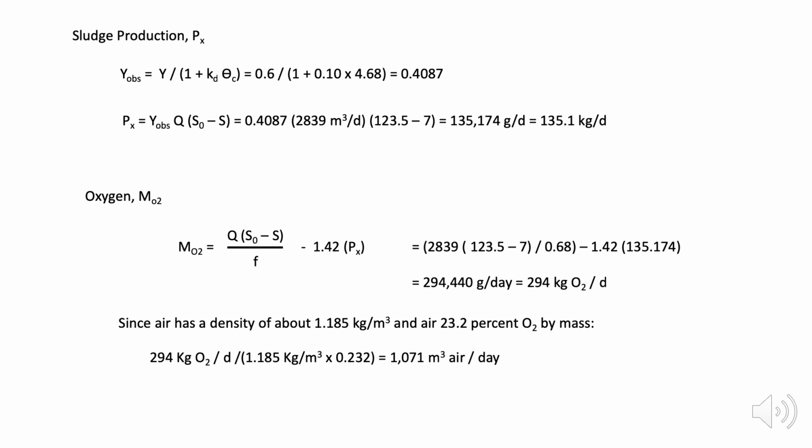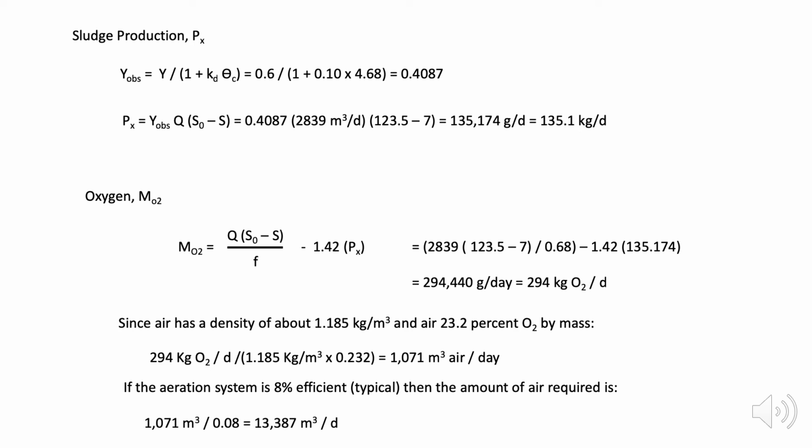Unfortunately, it doesn't work that way. Remember, we talked about how oxygen's only sparingly soluble in water. So when we take a bubble of atmospheric air and it bubbles up through our aeration tank, not all of the oxygen in that little bubble is going to go out into the water. Some of it's still going to be in the bubble when it gets to the surface. And in fact, what we found is that about the most efficient we can get is maybe 8 to 10%.